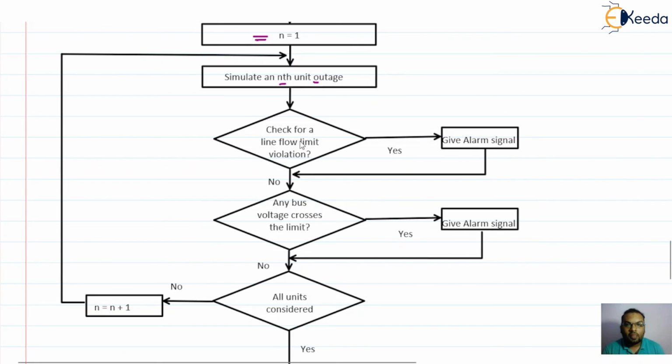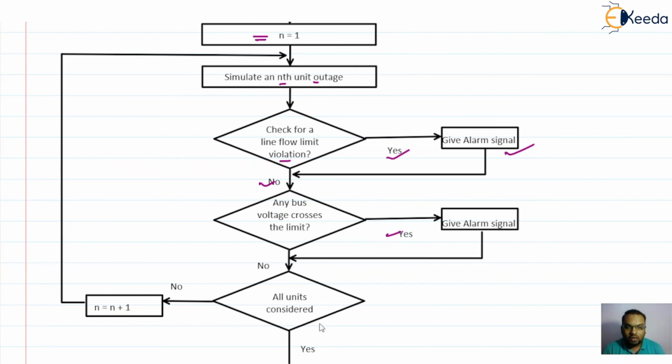Check line flow limit violation. If there is a line flow limit violation, if yes, give the alarm signal. If no, then check this condition: does any bus voltage cross the limit? Check the voltages at the buses. If there is any violation of the limit, if yes, give the alarm. If no, we have to check for the outage of another unit.